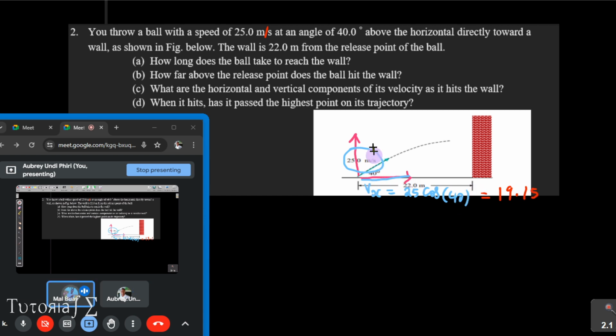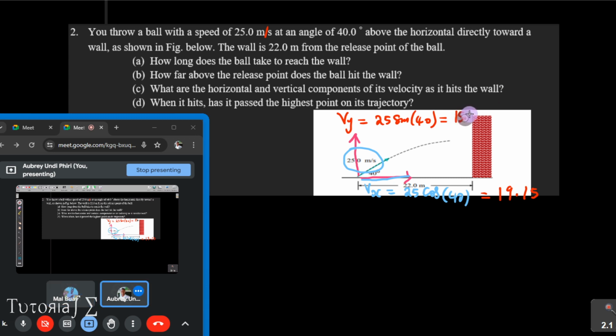So we also do the same for the y. We say Vy is equal to, the vertical is associated with which trig function? The sine. Yeah, so we'll say 45 sine 40, which is giving you 16.06.